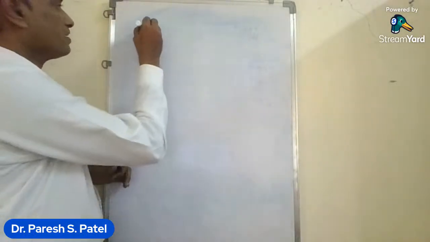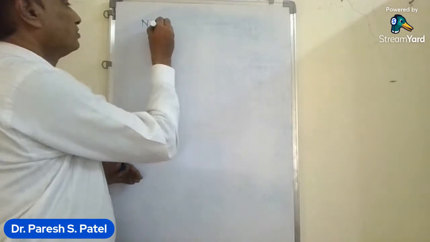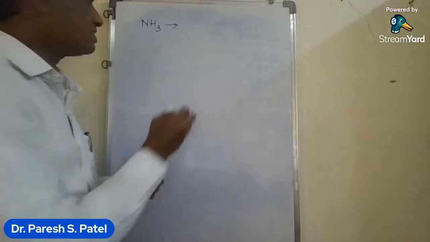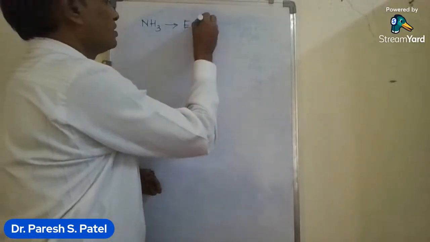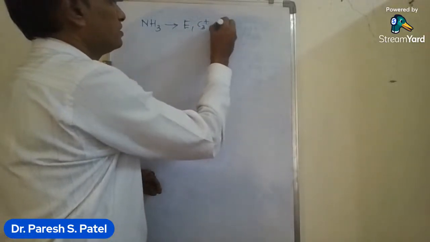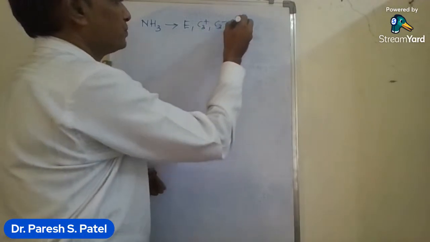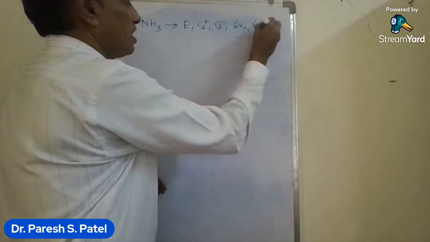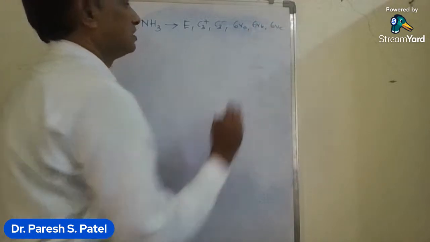Second example is ammonia molecule. Ammonia molecule consists of E, C3 plus or C31, C3 minus or C32, sigma Va, sigma Vb, and sigma Vc.